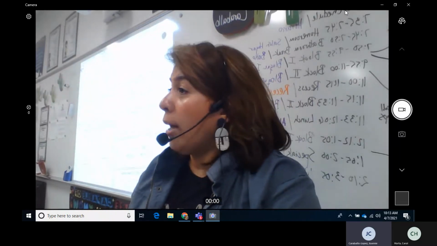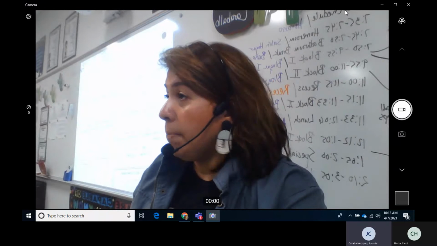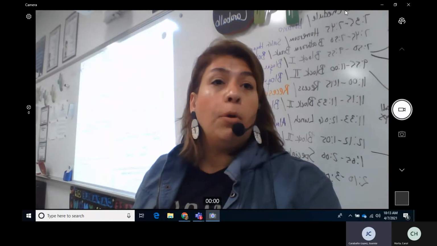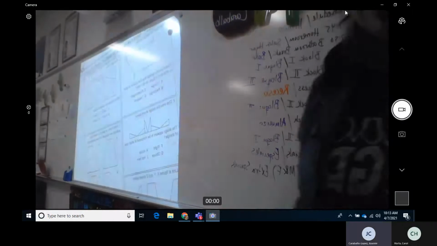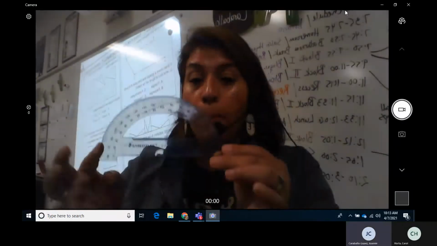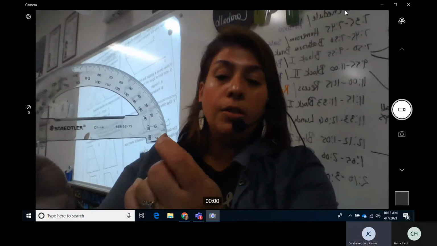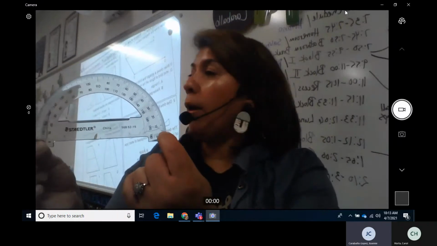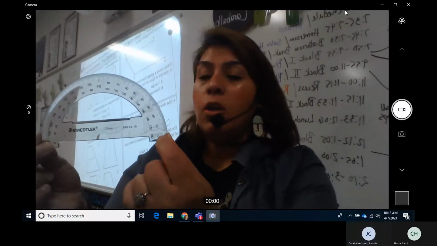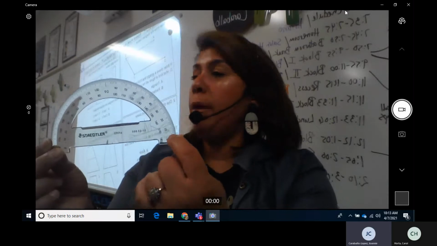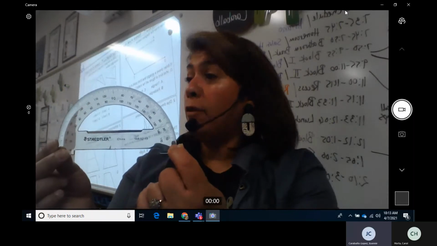So today we're going to briefly discuss how to use a protractor. We don't have enough protractors for everybody, so we're not going to use them. What I want you to know, and the most important part of using a protractor, is the tick marks on the protractor, okay? It starts at 0 and goes up. From 0 to 10, what would be the middle? 5, right?